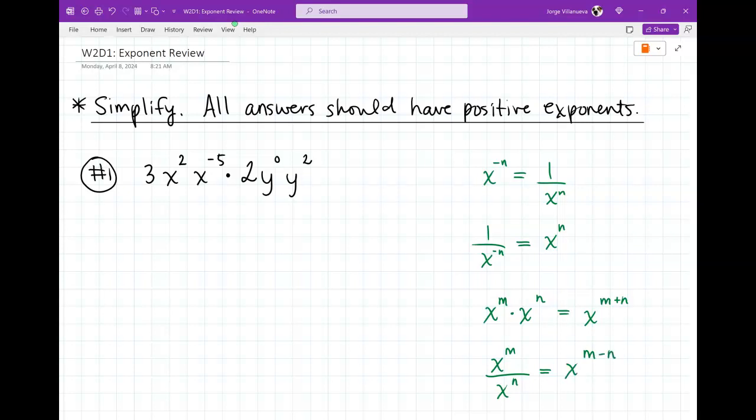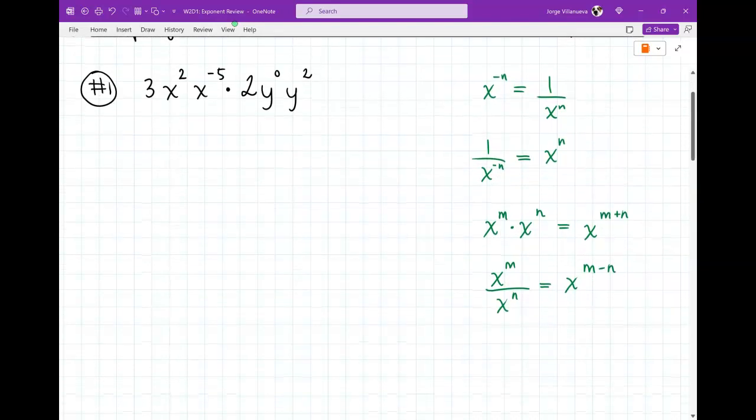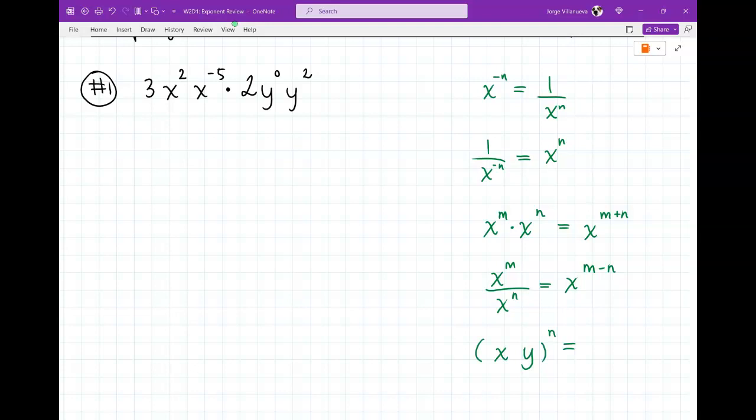And there's one more, well, I think 2 more things I want to go over in terms of review with the properties you're supposed to know with exponents. If you have something like xy to the n, remember, you can distribute that power, so it's x to the n, y to the n.